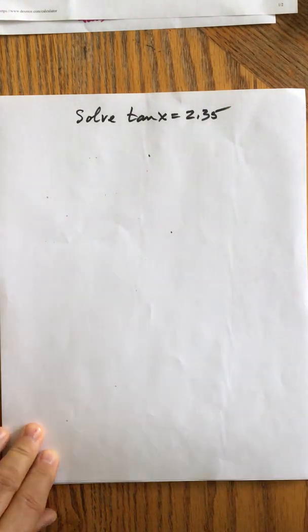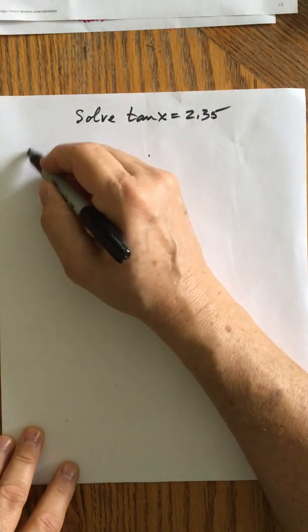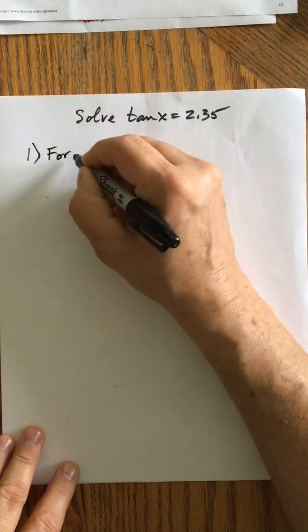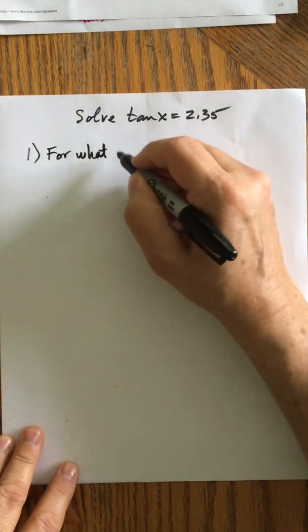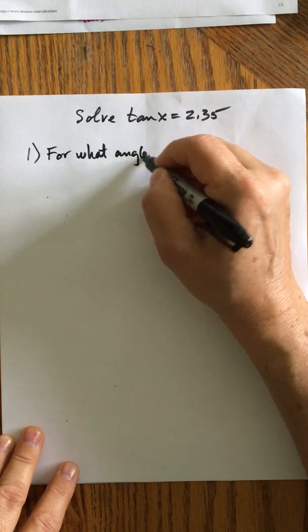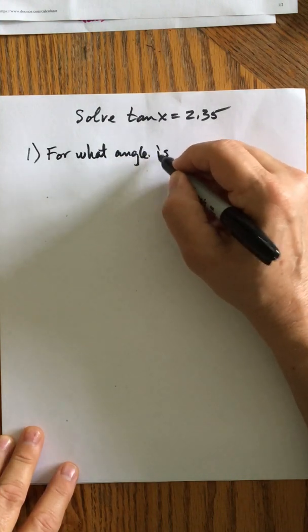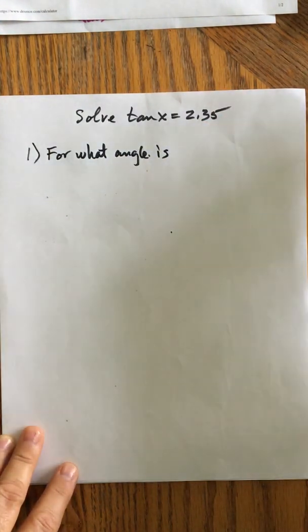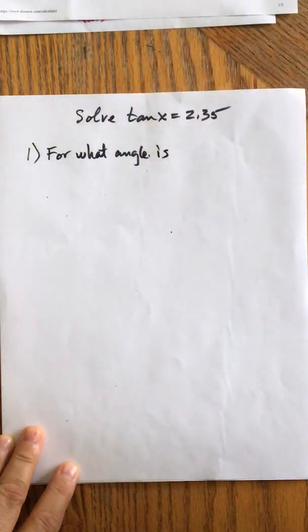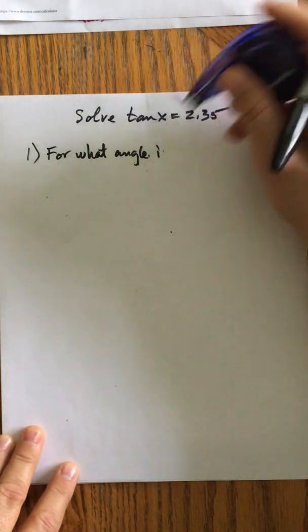So if I have to solve for the angle x that makes this true, remember I asked myself, for what angle is, and actually even before I say is, I always ask myself, where am I allowed to look?